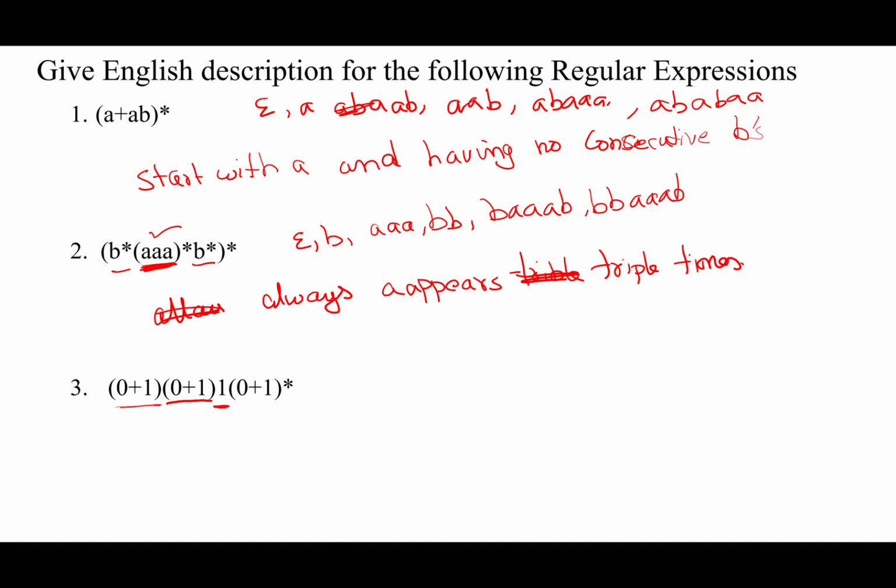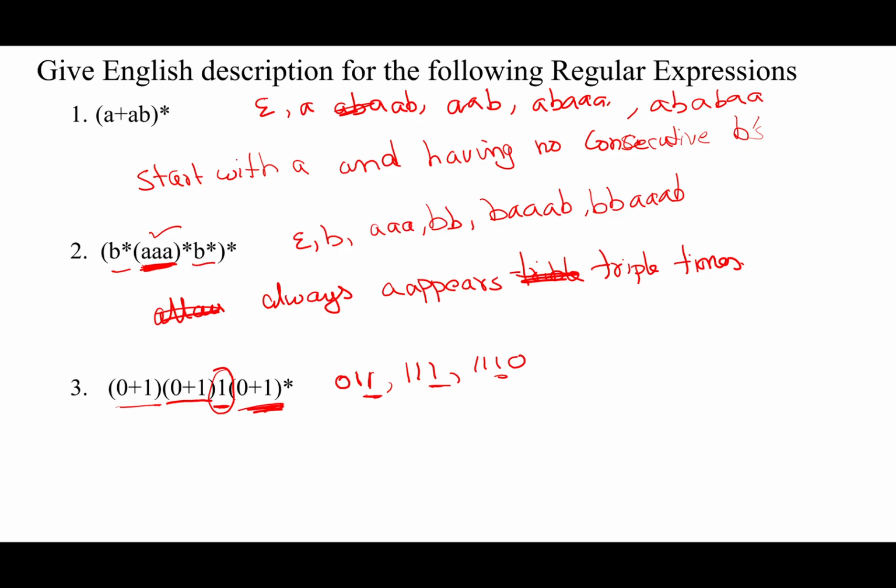So what can be the input? 0, then for this 1, then 1. So this is possible if we consider this as empty, so 0 1 1, or 0 1 1 1, or 1 1 1 0. So you can see the third digit is always 1 because of this 1.